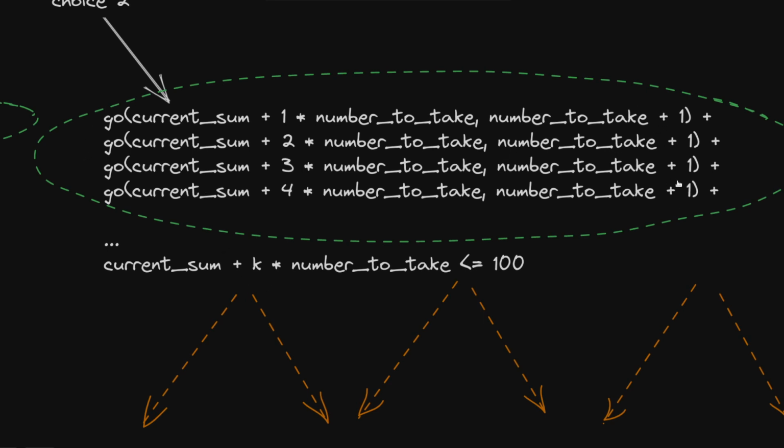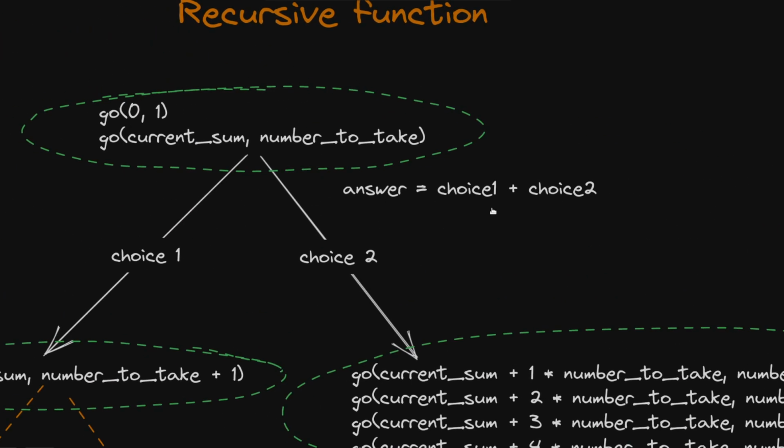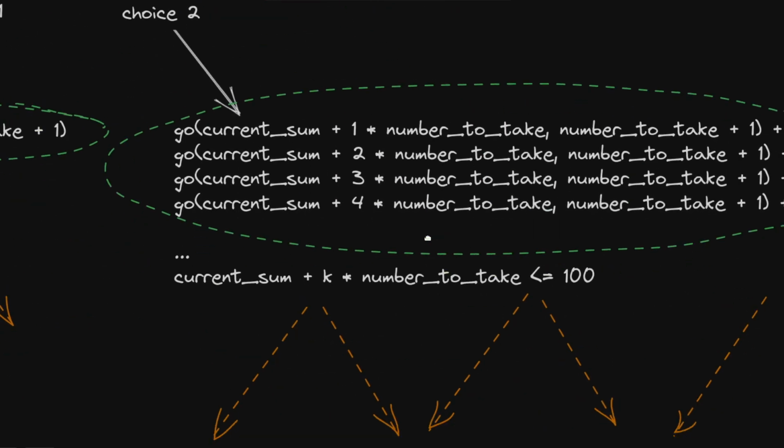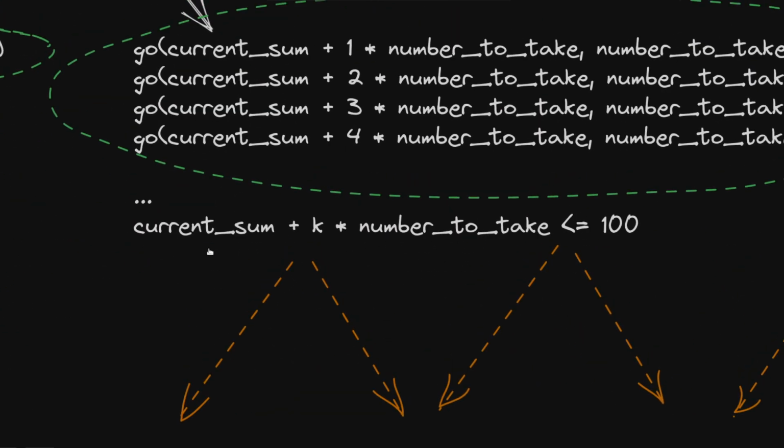We are going to add up all the ways because they are independent, and the total answer for this will be the sum of the 2 choices that we have considered, and this is the bound up to which we can check how many numbers that we want to take for this inserting number.